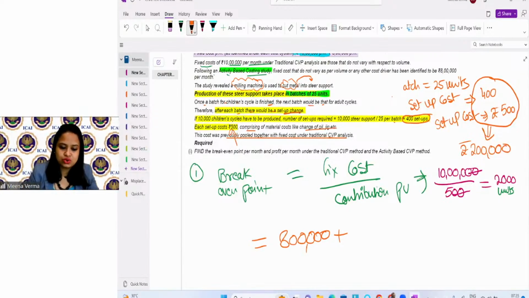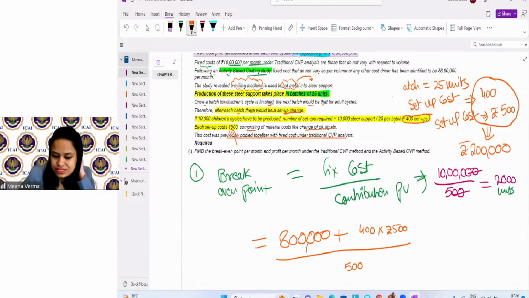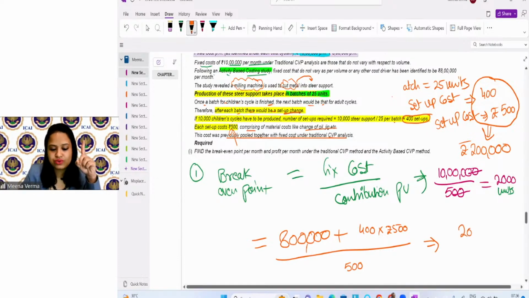So 400 into rupees 500 means 2 lakh. Divided by contribution per unit, which is 500, in this case also the break-even unit is coming as 2,000 units. In both the cases, break-even unit is coming as 2,000.